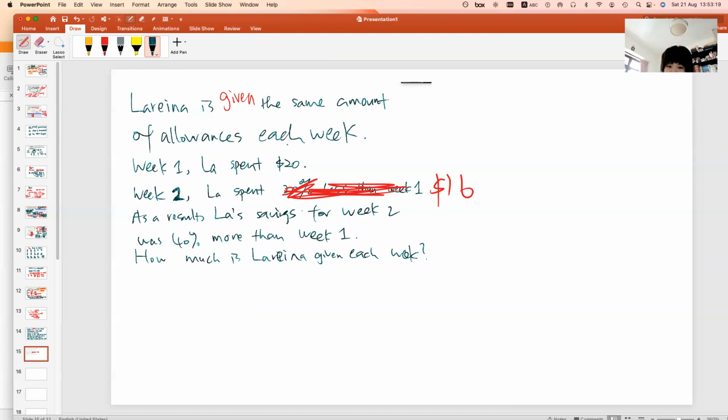Wait. This is spending, right? That means I'm expecting the branch. So this is week 1, then this is week 2. So allowance is the same for both. So I start with u. So what is next? 40% equals $4.